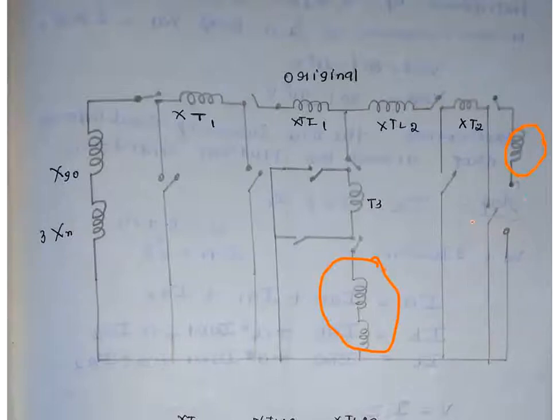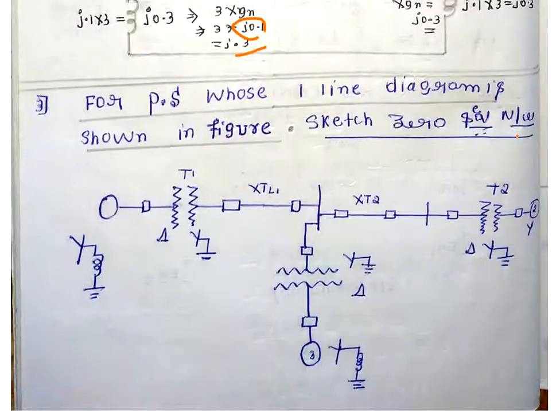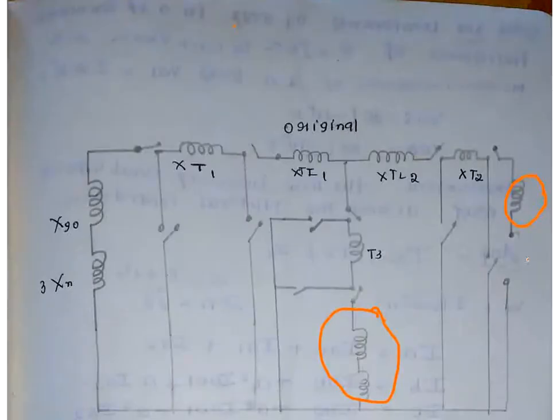It is connected like this, and again through a transmission line it is connected to the transformer, then the transformer to the zero sequence network. Here in the diagram it is star connected, there is no ground. So because of that we have taken it as open.